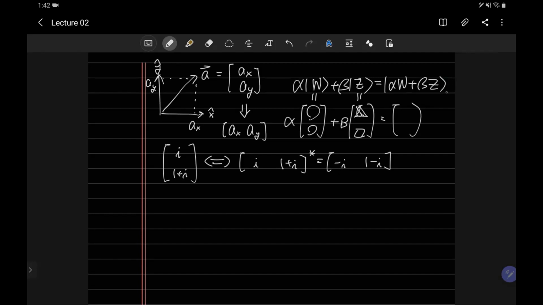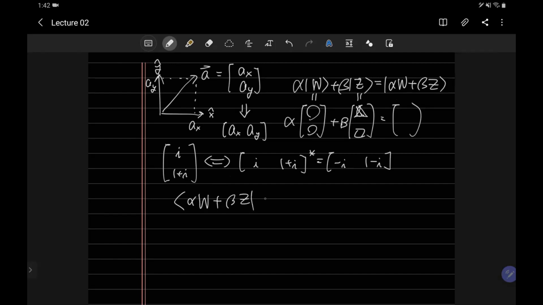In the previous lecture, for any given ket vector, there is always a corresponding bra vector, and it can be understood in terms of this column and row vector relation. So you might think that the corresponding bra vector for this ket vector will be something like this one.